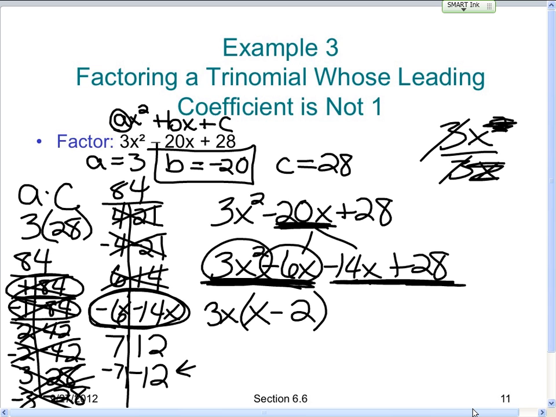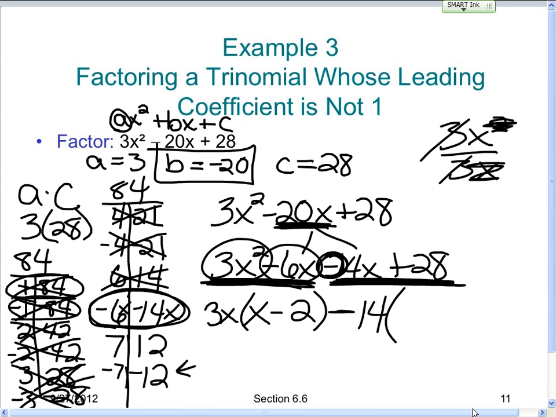I'm going to do the exact same thing with the last set of numbers. What do they have in common? They do not both have x's, but they do both have 14's. And since this is a negative 14x, I'm going to put a negative 14. If that had been a positive 14x, I would have put a positive 14.